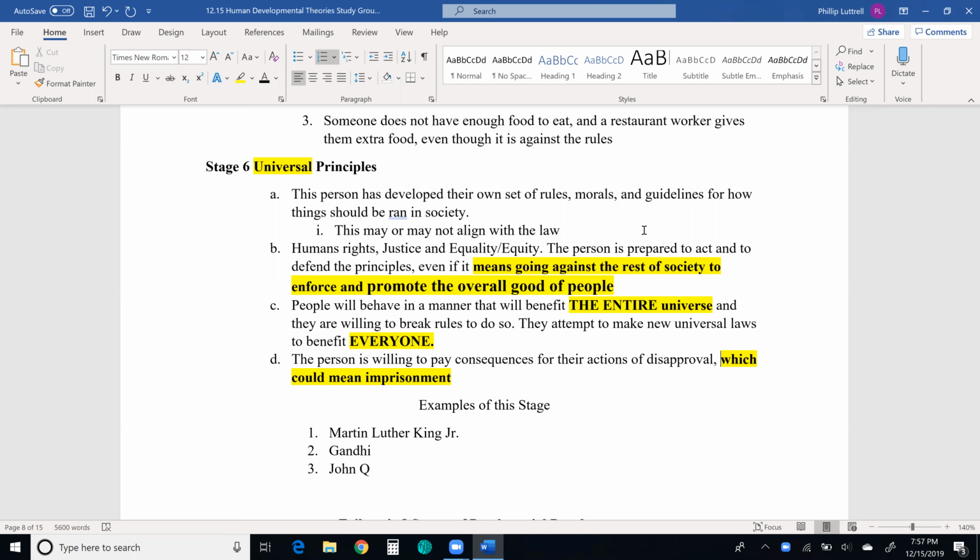Another example is John Q, which is the Denzel movie, where his son needed an operation, but based on his insurance and the fact that he was in poverty, they were not going to do the operation. So he held the hospital hostage in order for his son to get the operation and treatment that he needed.